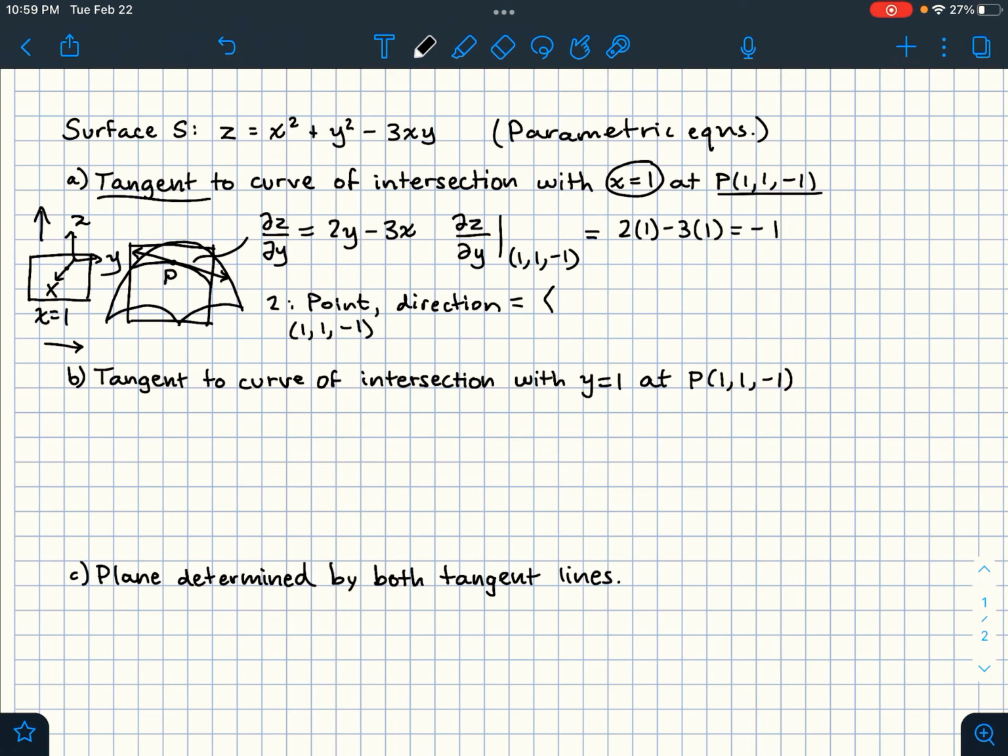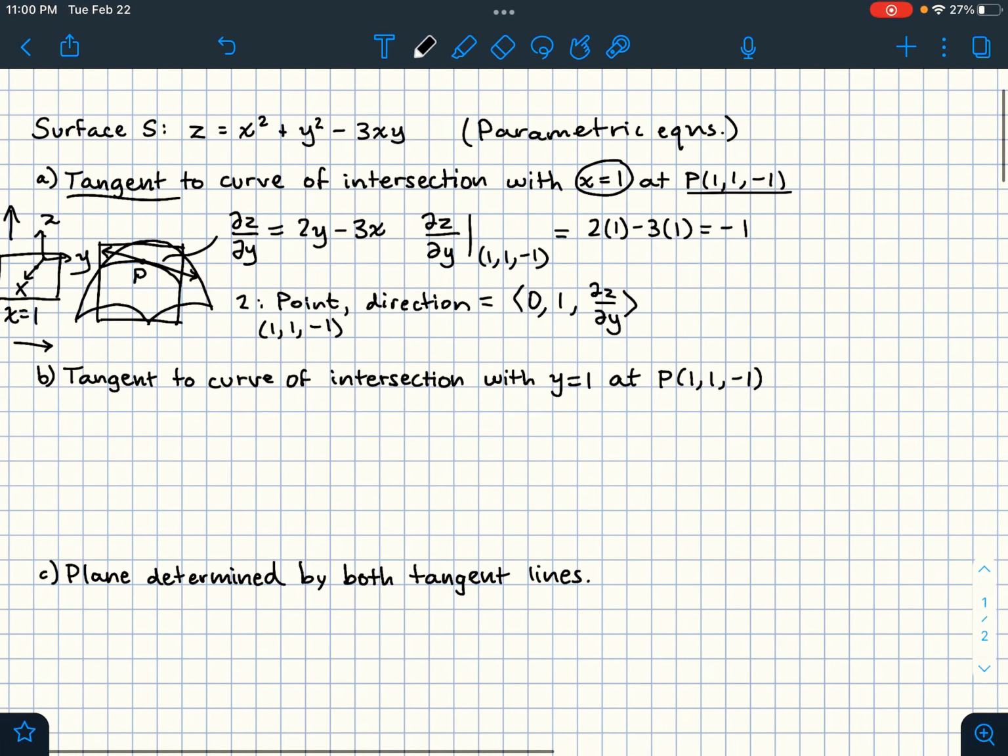Since we know our line is going in the YZ direction, because it's on the plane normal to the x-axis, we're not going to move in the x direction. Our y direction represents our run, as in rise over run, and our z direction represents the slope.